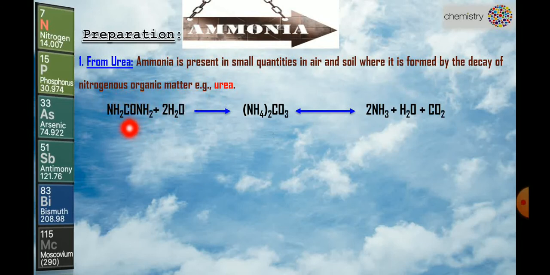This urea, NH2CONH2, is a nitrogenous organic matter. By the decay of this nitrogenous organic matter present in the soil, we could see the presence of ammonia.